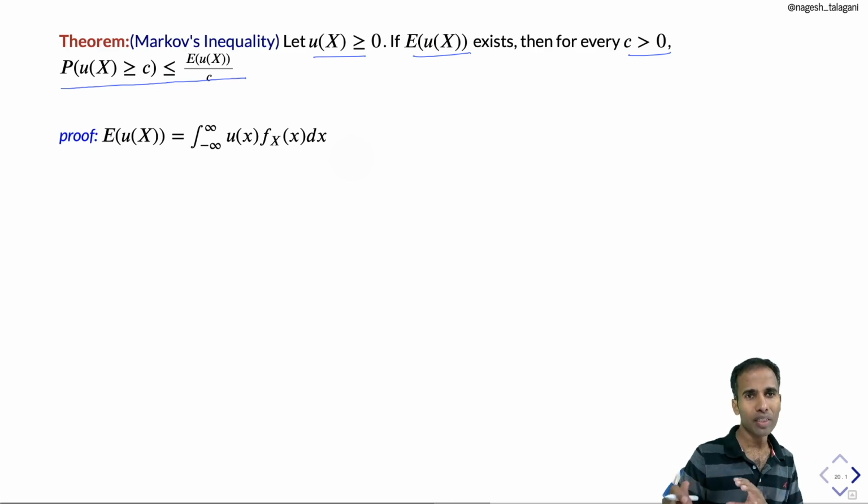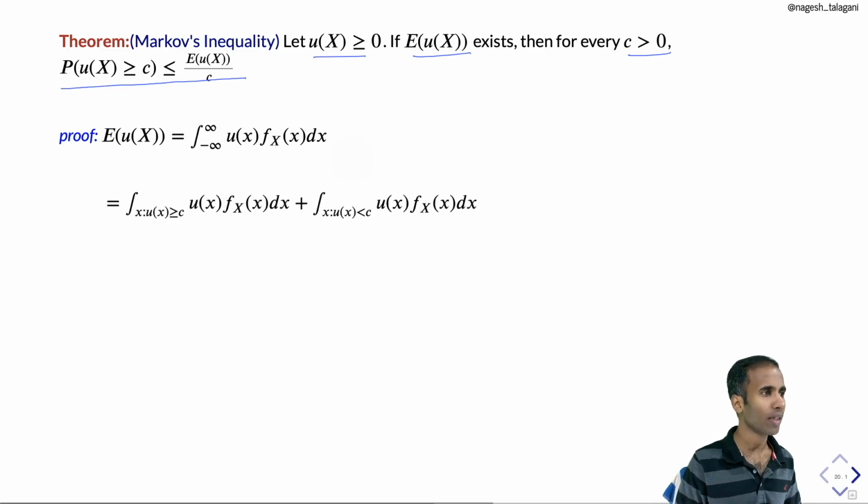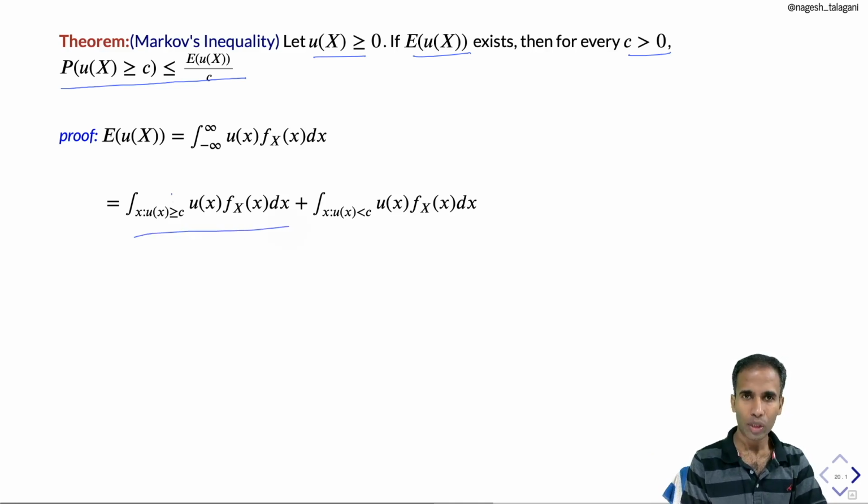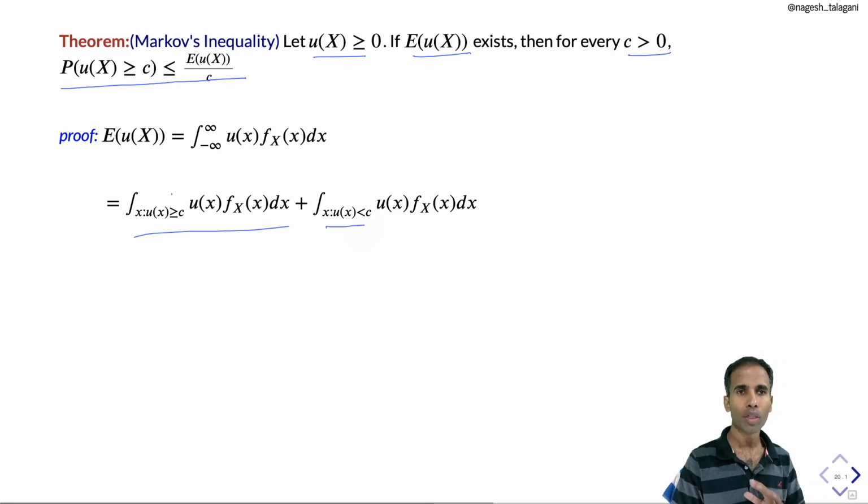This domain of integration we can break into two parts: x such that u(x) is greater than or equal to c, and x such that u(x) is less than c. So this integral we can break into two parts like this. Here we are integrating over x such that u(x) is greater than or equal to c, and here over x such that u(x) is less than c. The total union is all of minus infinity to infinity.